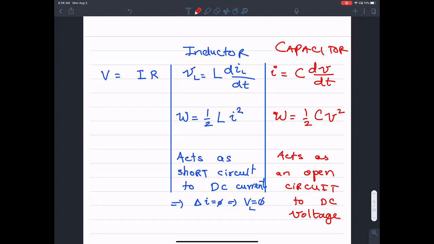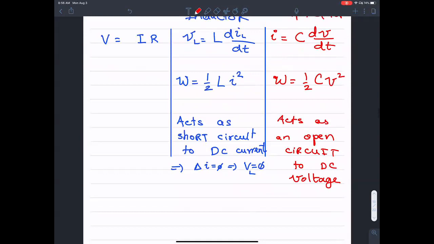Capacitance acts as an open circuit to DC voltage, meaning that if the change in voltage is zero, then the current set up in a capacitance is really zero.